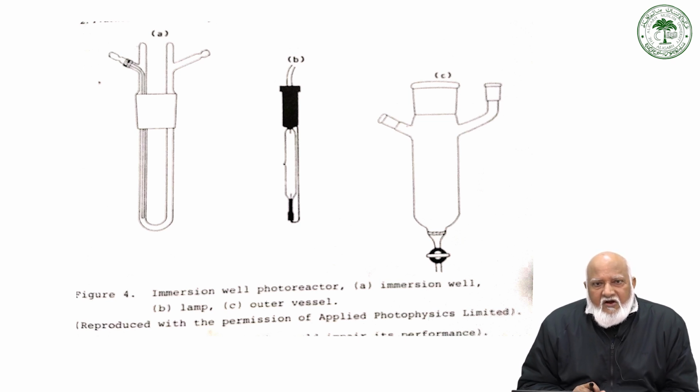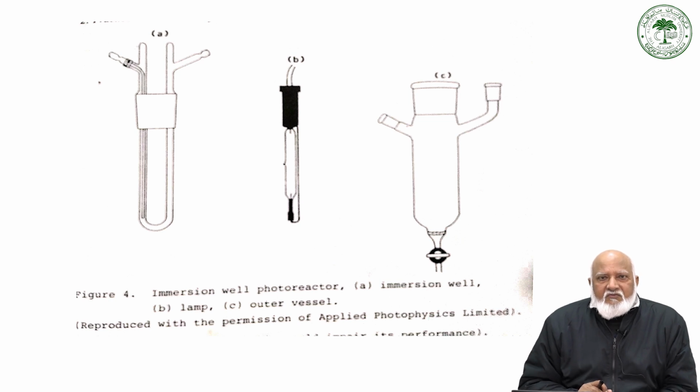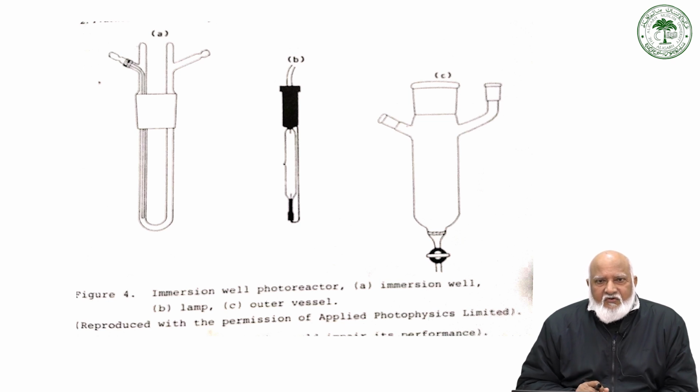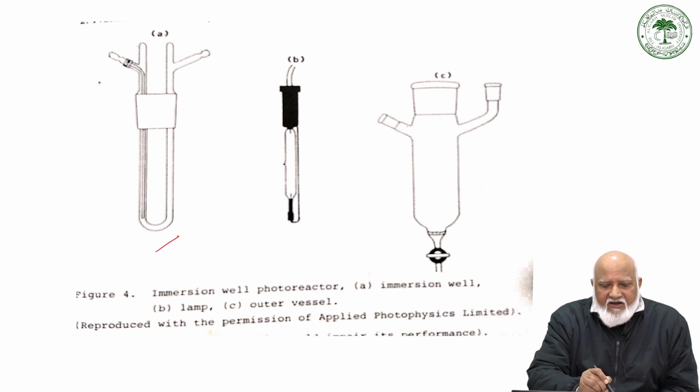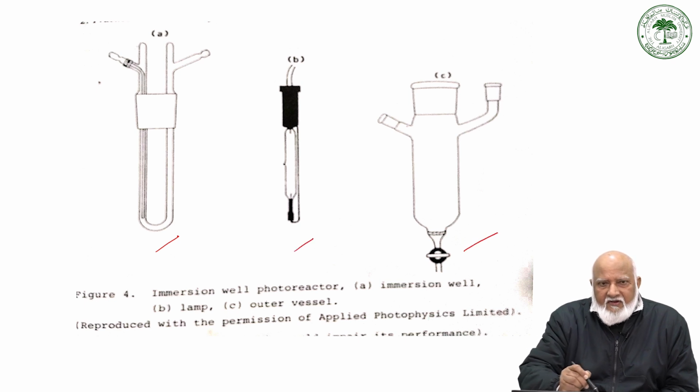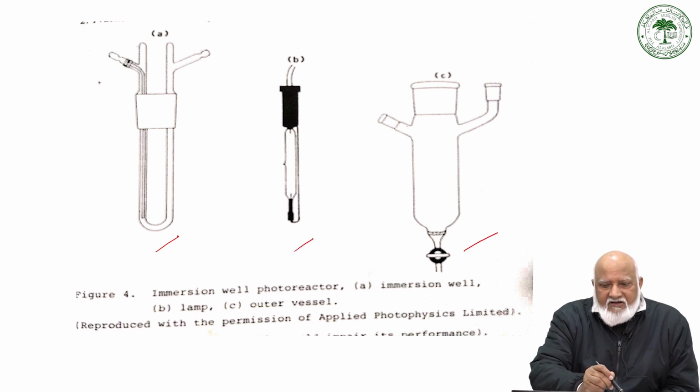So special photoreactors are used so that we achieve very good conversion in the photoreaction. This is an immersion well photochemical reactor, which consists of an inner jacket, an outer jacket, and a light source. The inner jacket goes inside and is water cooled.